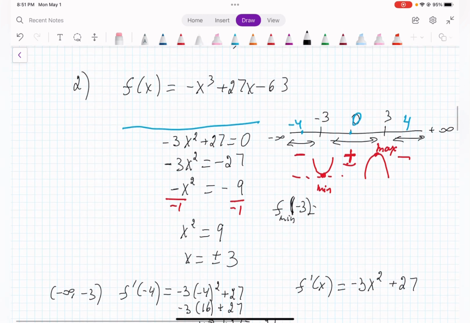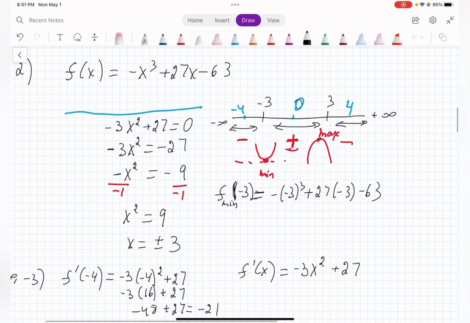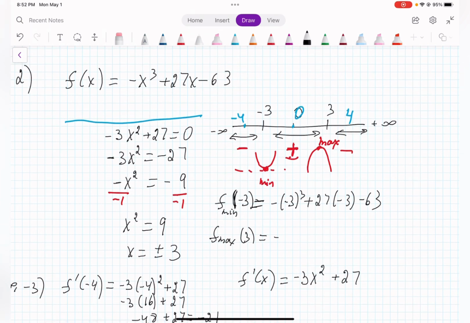Our original is -x cubed, so it's going to be equal -3 cubed plus 27 times -3 minus 63. And f of positive 3, which is going to be maximum. We want to find the y that matches to negative 3 and positive 3. It's going to be negative positive 3 cubed plus 27 times positive 3 minus 63.